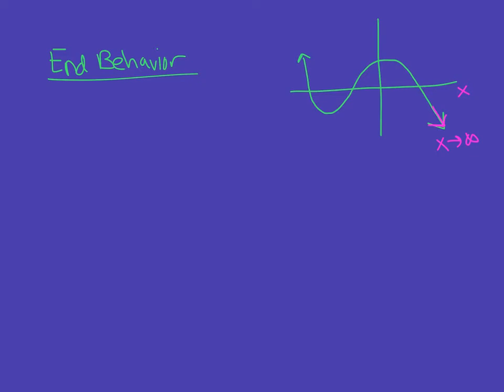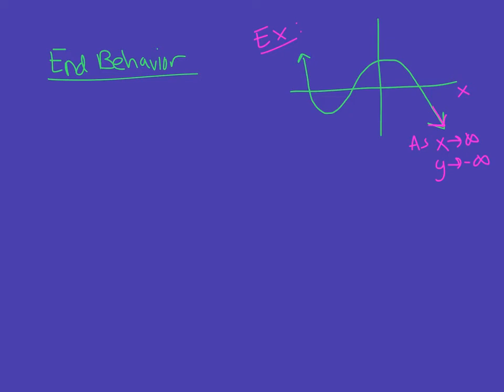And in this case, this is an example, by the way. I didn't write that, but you have a lot of different graphs where you look at end behavior. And in this case, as x approaches positive infinity, your y value is getting really, really negative. So we say that our y is approaching negative infinity.